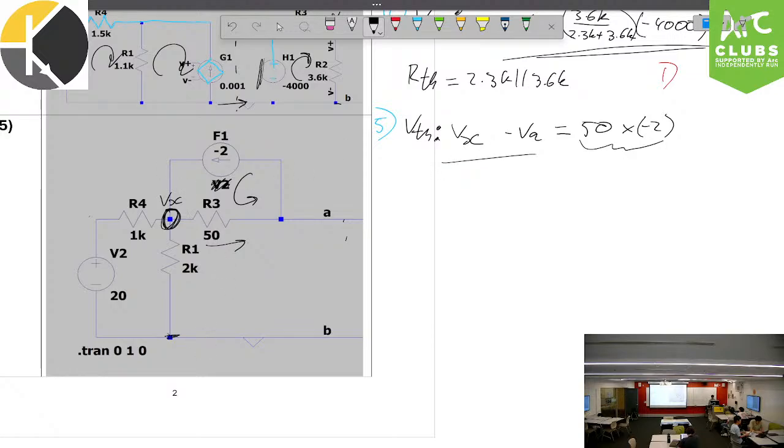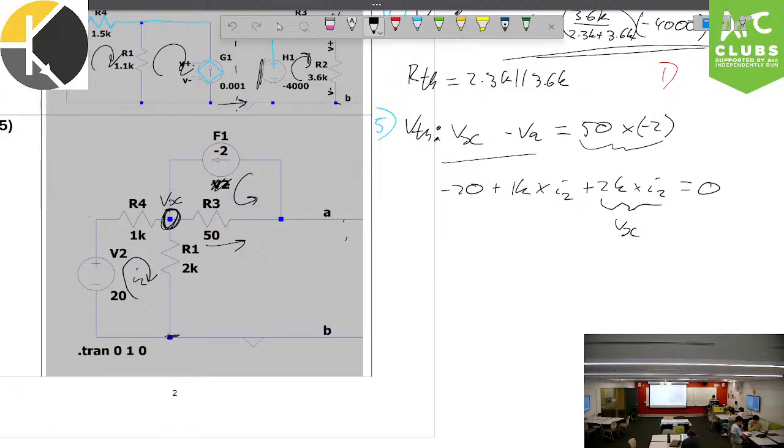So that's Vx in relation to VA. Now we need to do it in relation to ground. We're using another mesh here. We just do our mesh analysis. So we say minus 20. We're going around the mesh this way. So minus 20 plus 1K times the current there, I2, plus 2K times I2 equals 0. And this 2K times I2 is going to be equal to Vx.